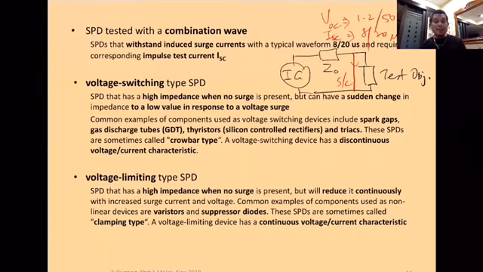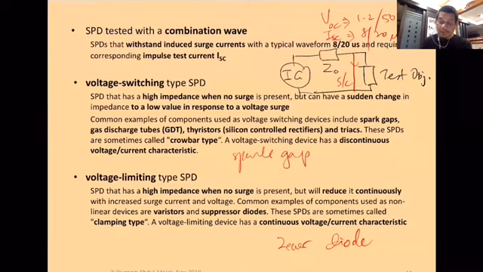Whereas voltage limiting is more like a non-linear device, whereby the voltage will change with the current in a non-linear fashion rather than a step, or we call it crowbar, as in voltage switching. So there are two types. So here is like a Zener diode. So here is like a gap, a spark gap. Okay.